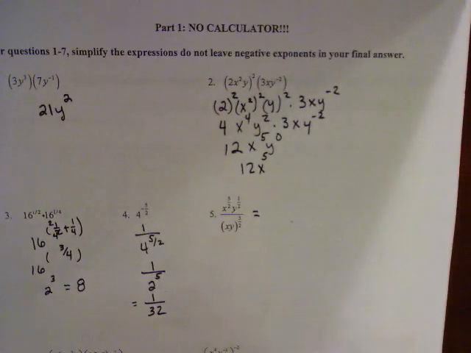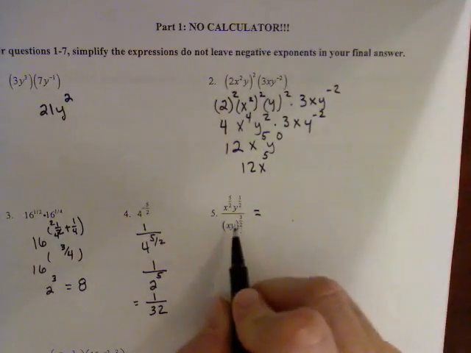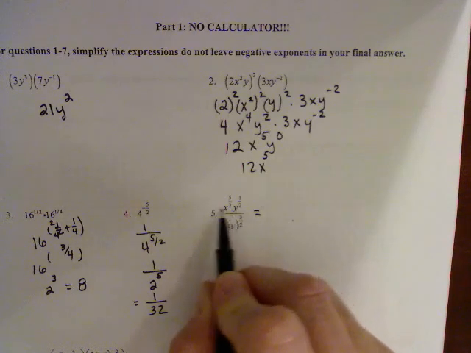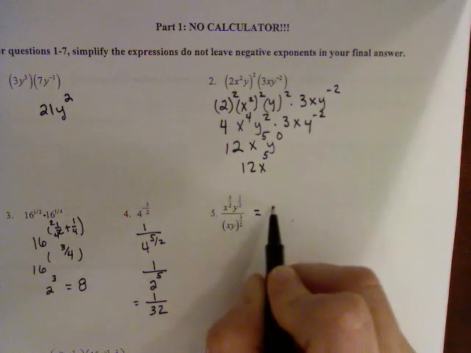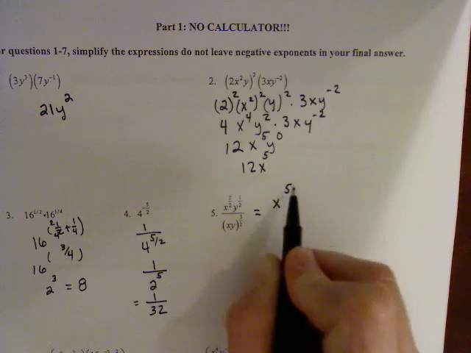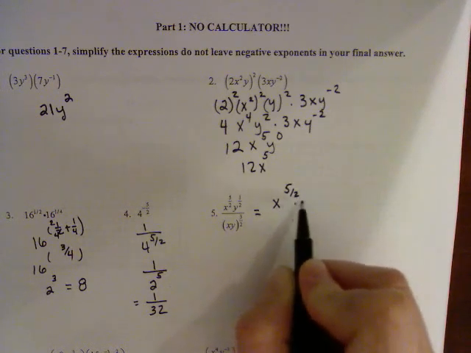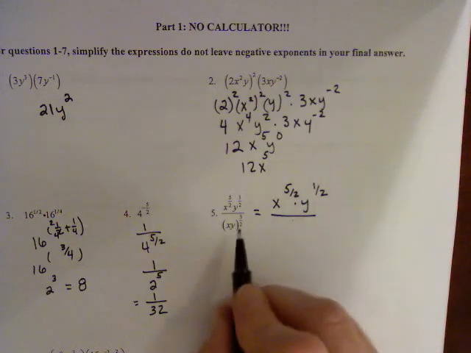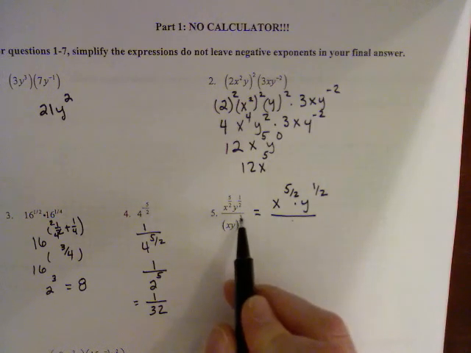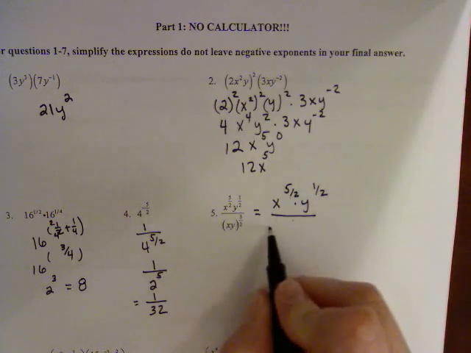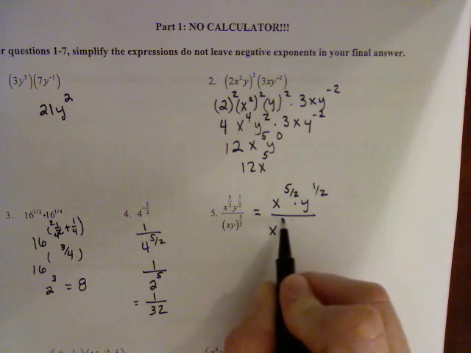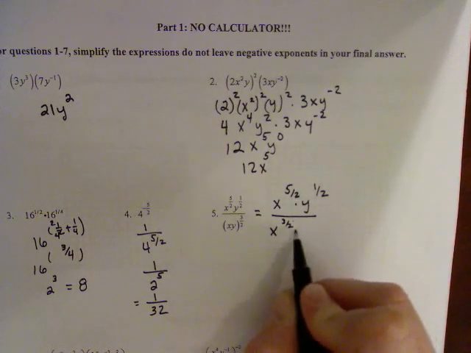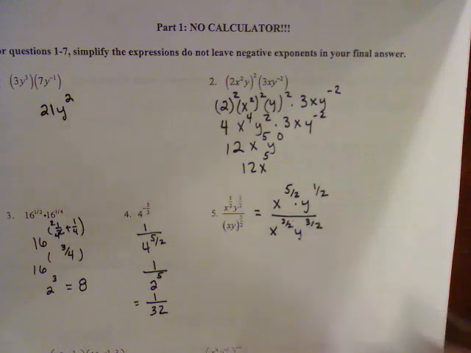On this problem, we can't do anything in the numerator because we have different bases, so we'll copy that down, x to the 5/2 times y to the 1/2. Over, at this point we can distribute the 3/2 to both of these terms, x to the 3/2, y to the 3/2.